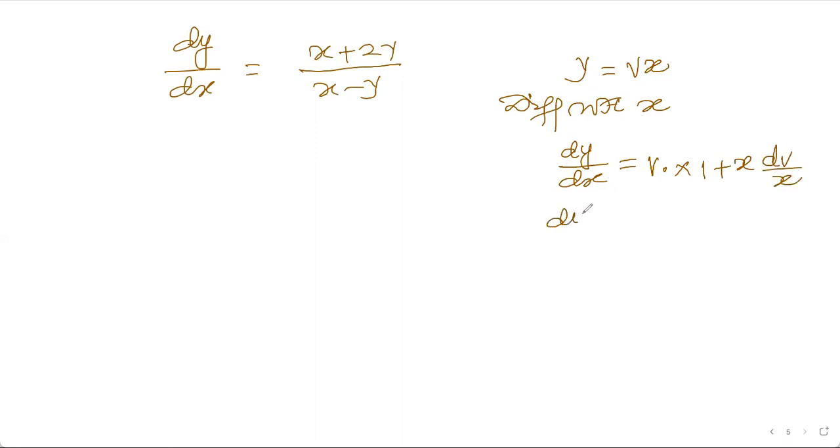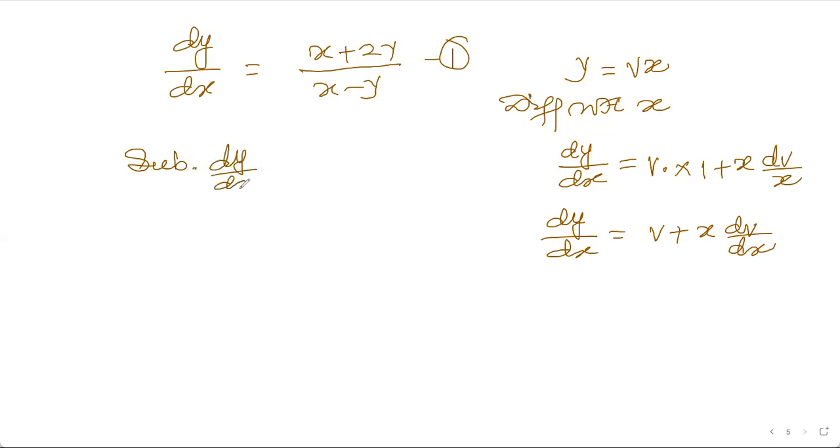So you are getting dy by dx is equal to v plus x dv by dx. And what do I do? Substitute this in the given equation. Substitute dy by dx in the first. If I substitute this value, it is entirely in a new variable.